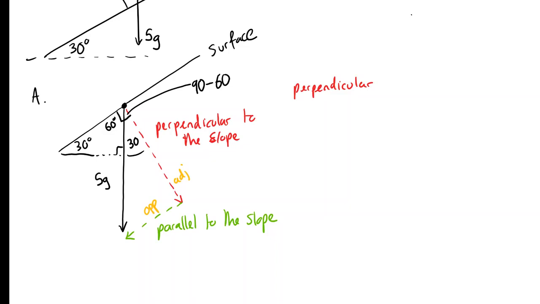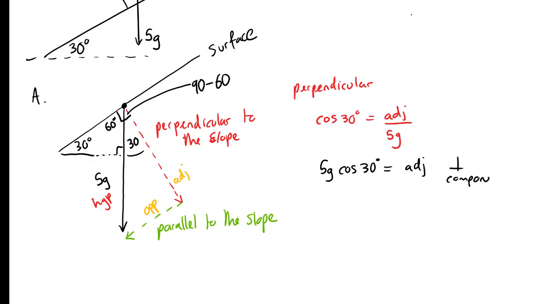The 5g is the hypotenuse. If we're dealing with adjacent and hypotenuse, we should use cos. So cos of 30 degrees is equal to the adjacent, which we don't know, divided by 5g, the hypotenuse. If we rearrange that, 5g cos 30 degrees is equal to the adjacent, the perpendicular component. So that's one of the answers to part A.